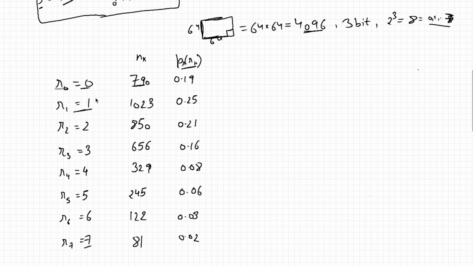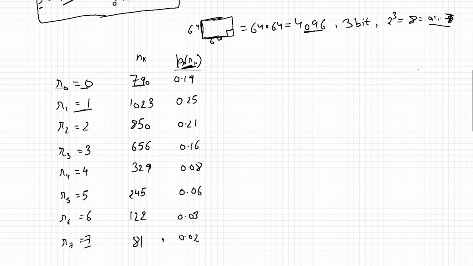Or if we consider R as a random variable, it gives us the probability of R of 1, which is what we have mentioned here. Now we have the probability that R is 0, the probability that R is 1, and all the way to R of 7.